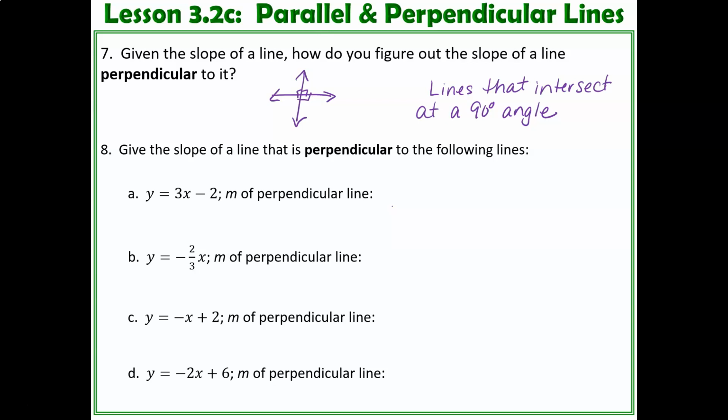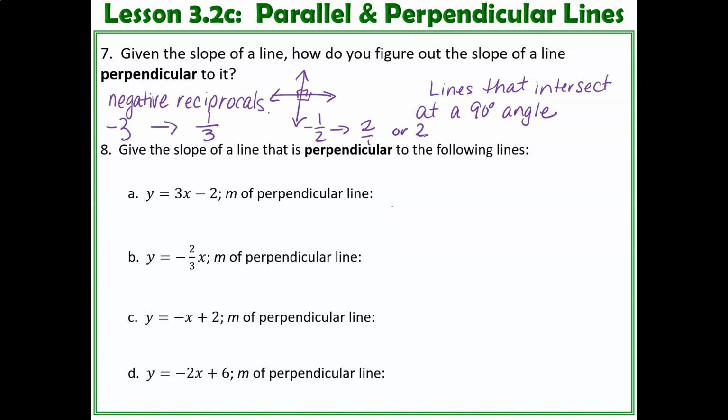So now we know that the slopes of a line that is perpendicular to it are negative reciprocals. So if the slope of a line is 3 and you want the line that is perpendicular to it, you have positive 1/3. If the slope of the line is negative 1/2 and you want the line that's perpendicular to it, the slope is 2 over 1 or 2.